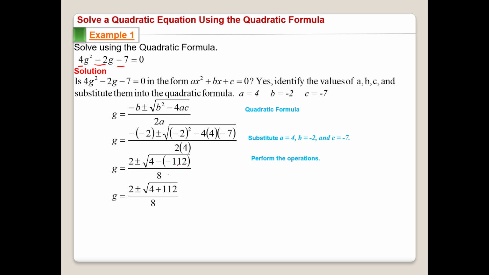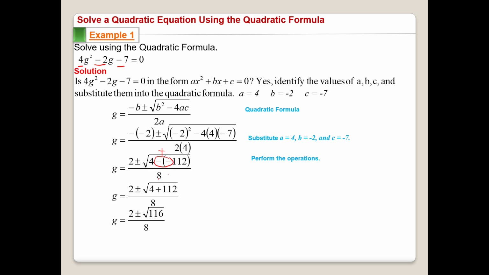Now we simplify this by understanding that subtracting a negative number turns that into a plus. Now we can add 4 plus 112. That gives us 2 plus or minus square root of 116 over 8.